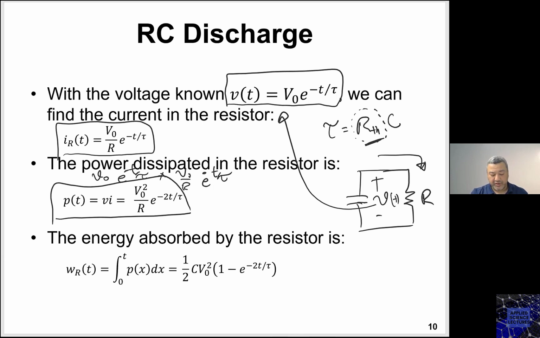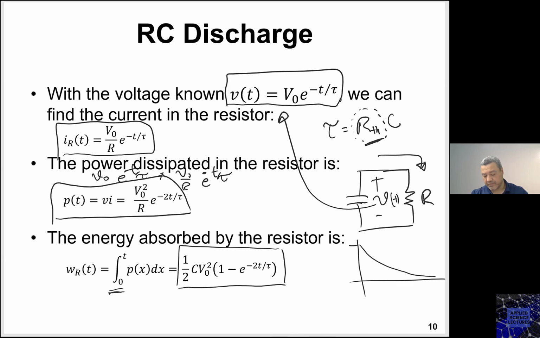What is the energy? If you do the integration on the power from 0 to t, you're going to get the energy as a function of time as the following. What does this mean? Recall the response for this source free circuit, where this is V naught.